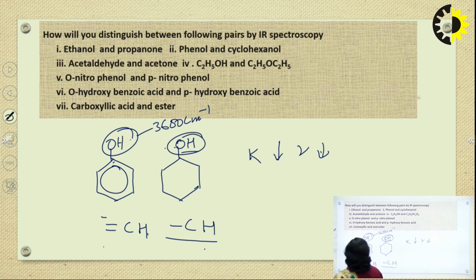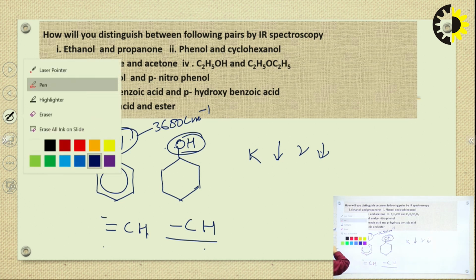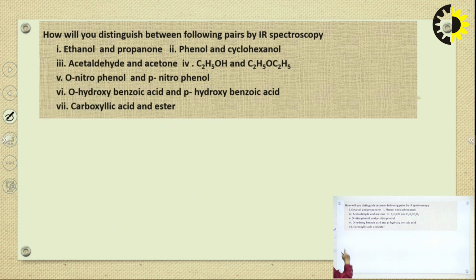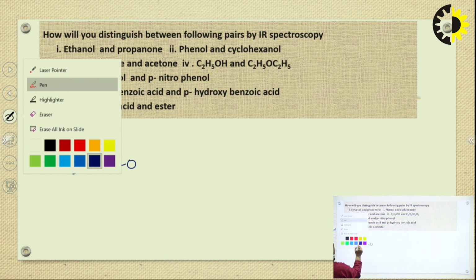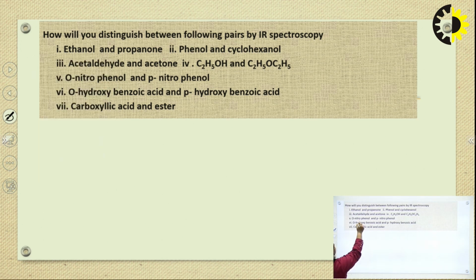So next is acetaldehyde and acetone. Here there is a characteristic frequency of this bond. This is acetaldehyde, CH3CH. Acetaldehyde is an aldehyde, CH, and acetone is C double bond O with a CH3 group on each side.